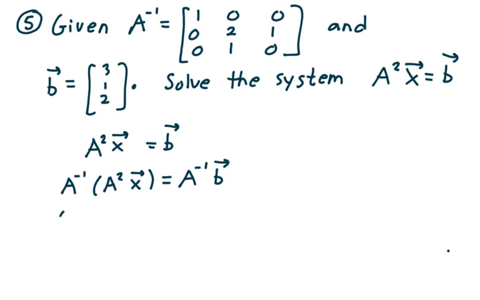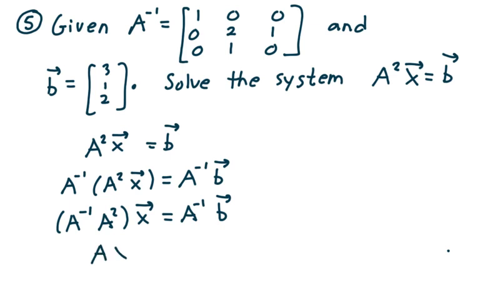Now, this says A inverse A squared times X is A inverse B. Okay? But isn't A inverse A squared equal to A?